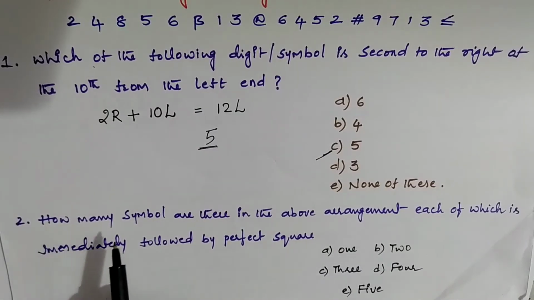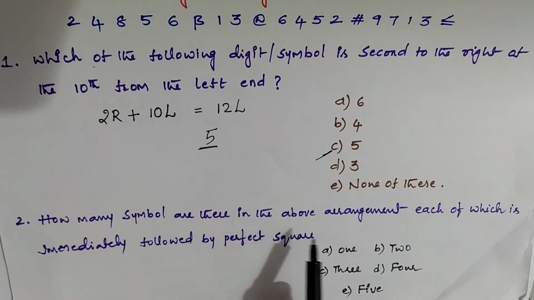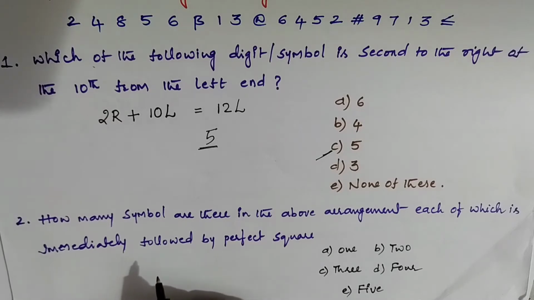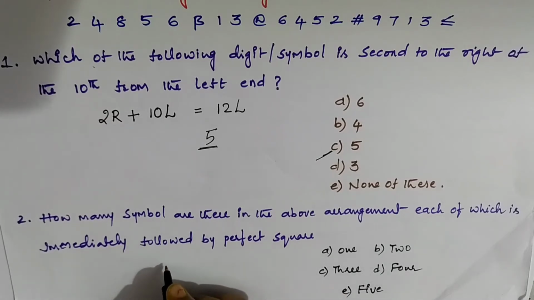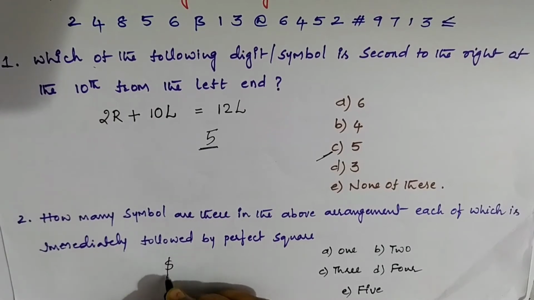Next question. How many symbols are there in the above arrangement, each of which is immediately followed by a perfect square? Here, how many symbols are there? First, concentrate on symbols.